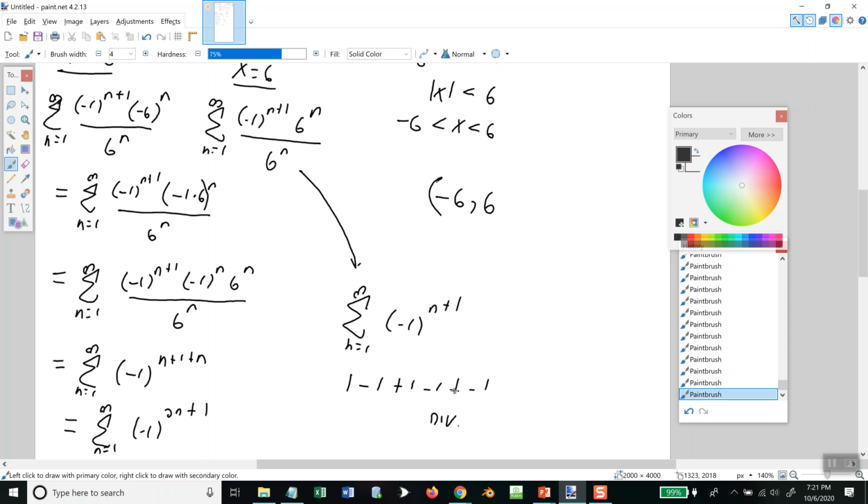As you indicate, it goes back and forth. It doesn't go to 0. Because 1 minus 1 would give you 0, plus 1 would be 1, minus 1 would go back to 0, and so forth. So, yeah, like you say, it just keeps going back and forth. So that diverges.